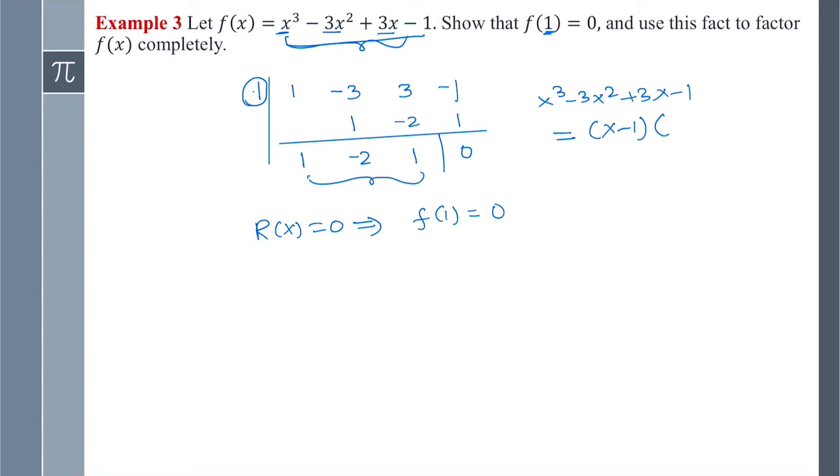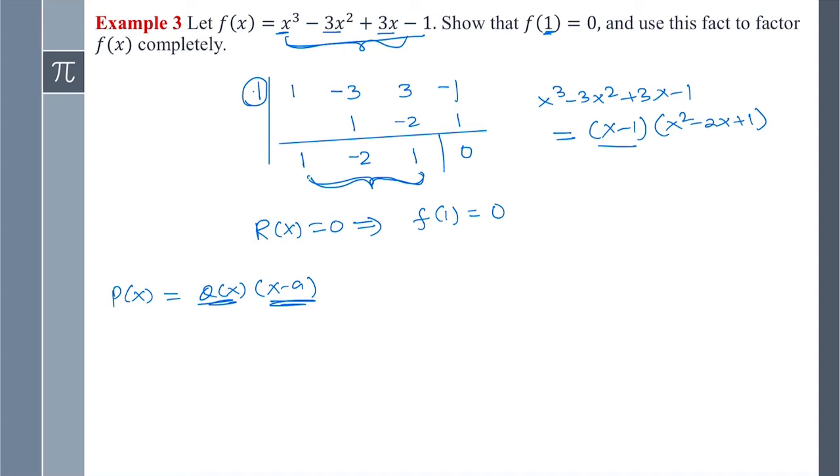Remember the factor theorem says p of x equals q of x times x minus a. So x minus a is this one, and q of x is this right here. We can write that as x squared minus 2x plus 1.